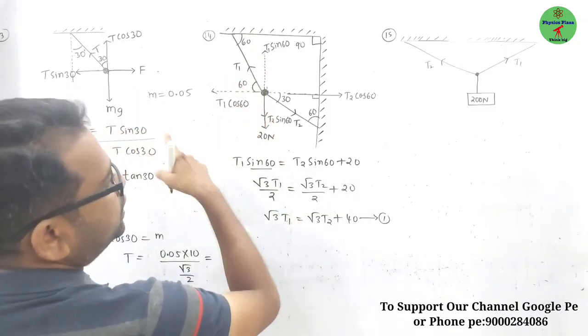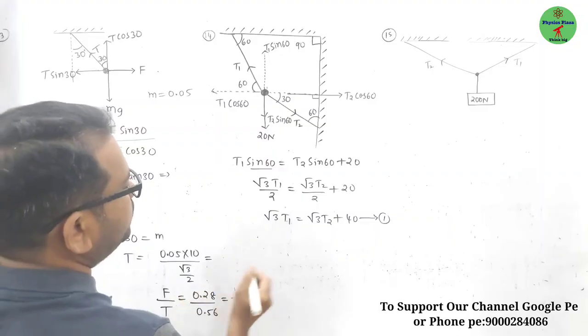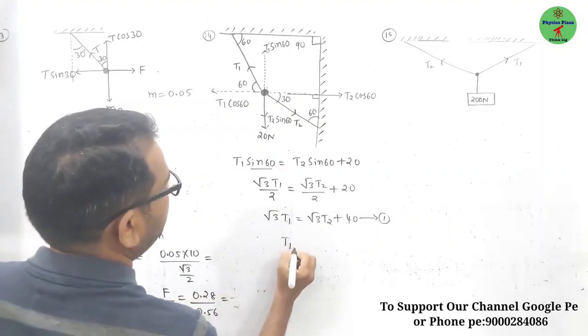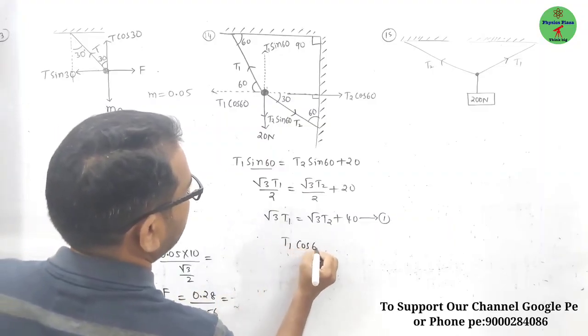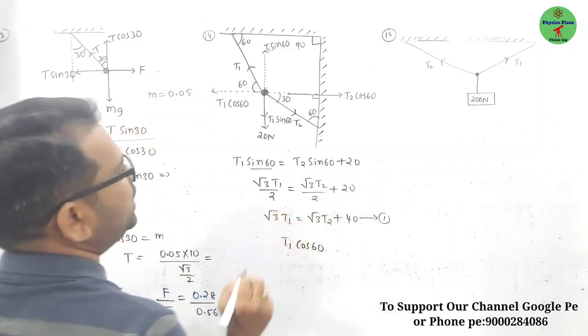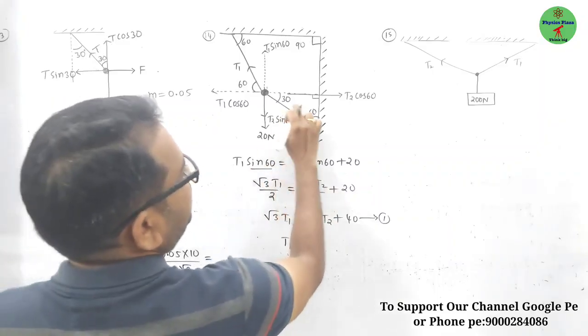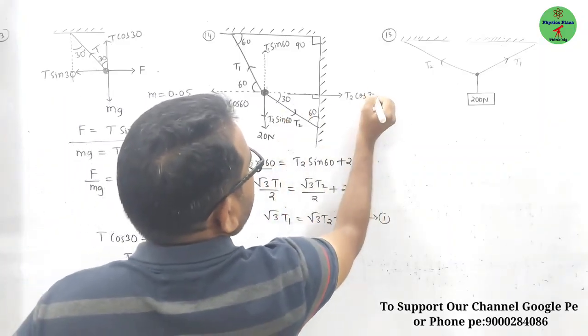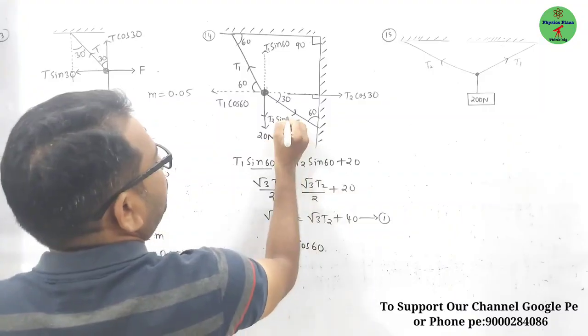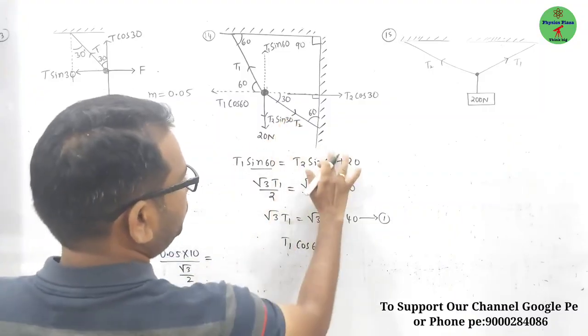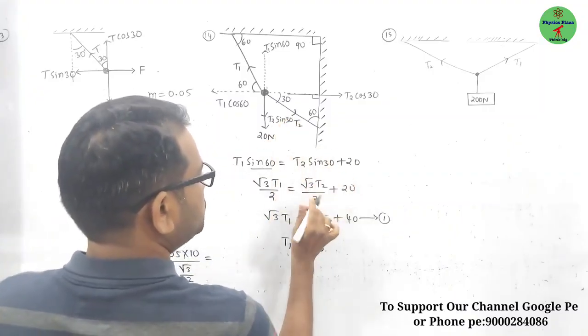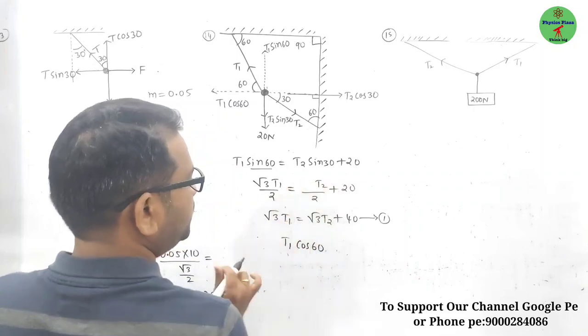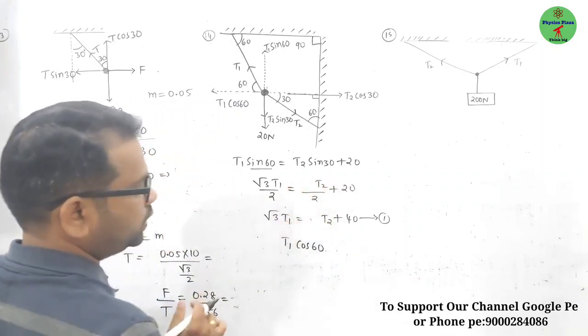Now let us see the horizontal components. This is T1 cos 60. Yeah, here we made a mistake. This is 30, right, children? Sorry, this is 30. That's what I was thinking, why are both getting the same? This is 30, so this is just T2 only. Okay, now fine.